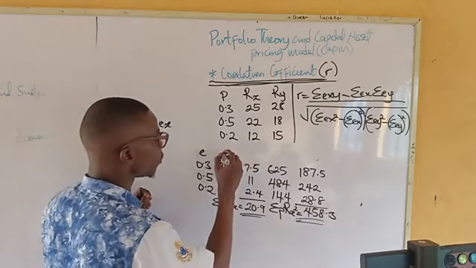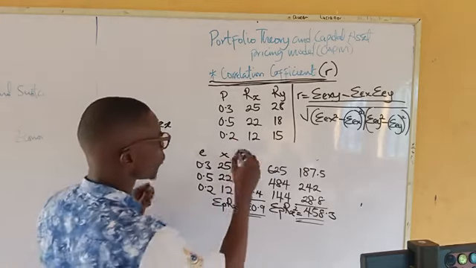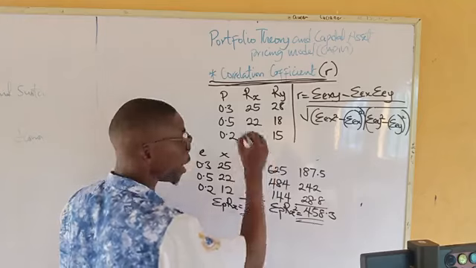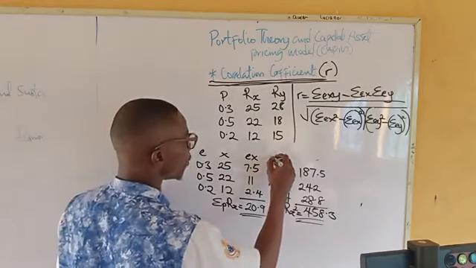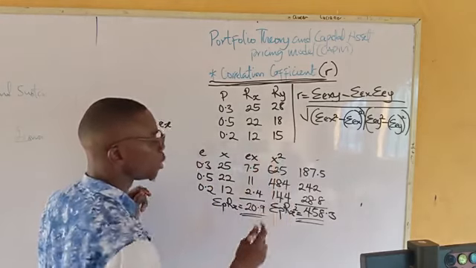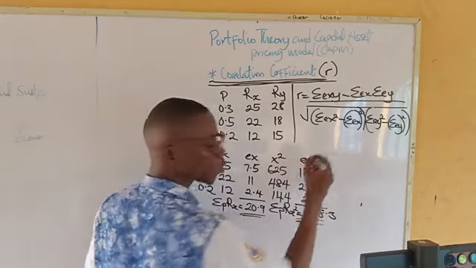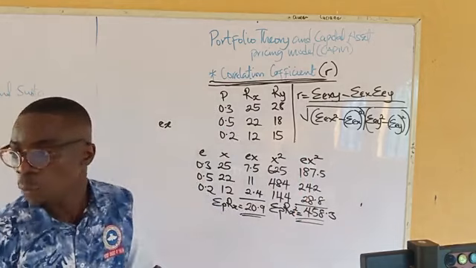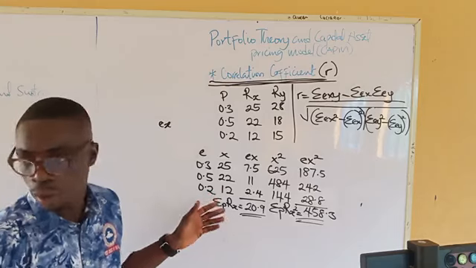This is our X. And this is our E of X. And this is our X raised to power square. And this is our E. Are we okay with that? Can you see now?